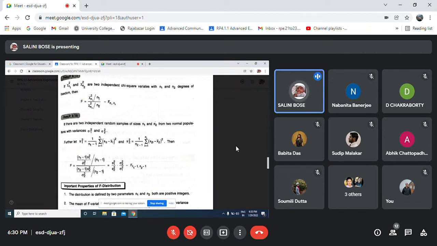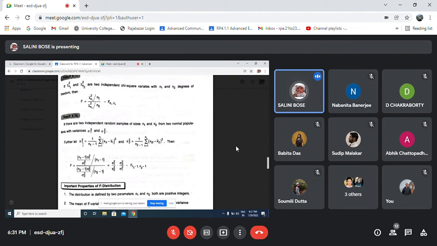For the first case the degree of freedom is n1 minus 1, and for the second case n2 minus 1. So you can write it like this: n1 minus 1 into s1 square by sigma 1 square by n1 minus 1, and n2 minus 1 into s2 square by sigma 2 square by n2 minus 1.